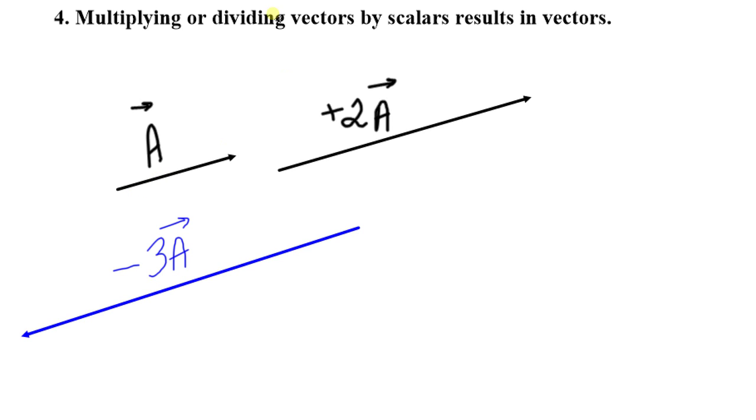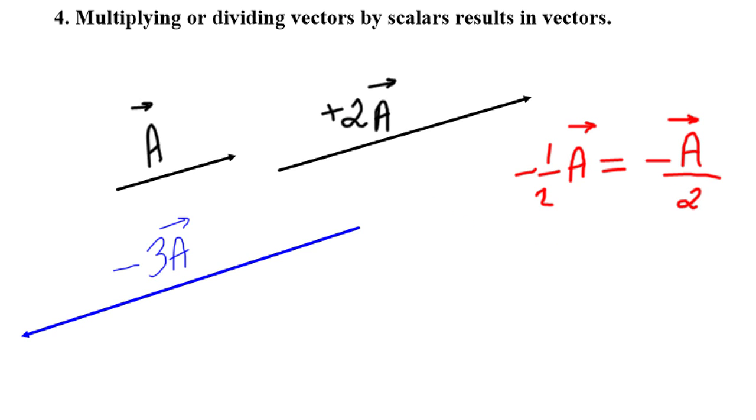How about we take minus half A, which is the same as minus A over 2. Multiplying A by minus half is the same as dividing A by minus 2.